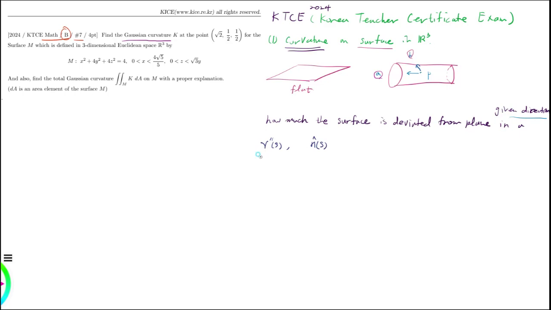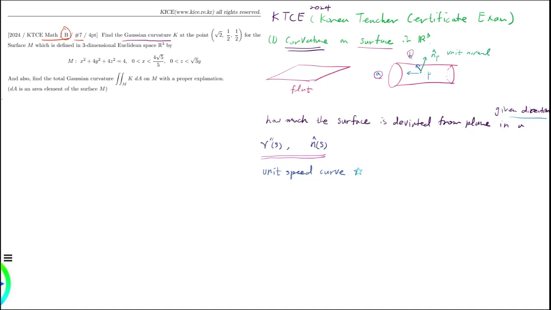Those two contain the information about curvature here. So we can think about the unit normal vector here at point P, and then we can make a curve which is a unit speed curve.